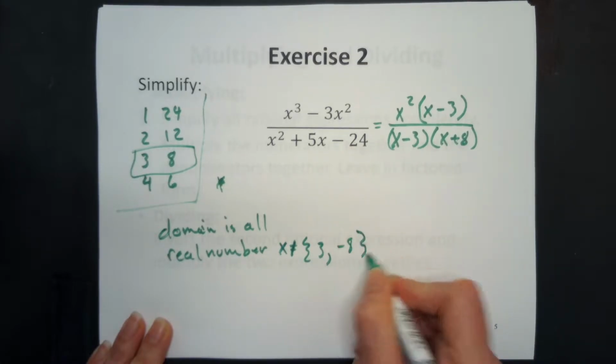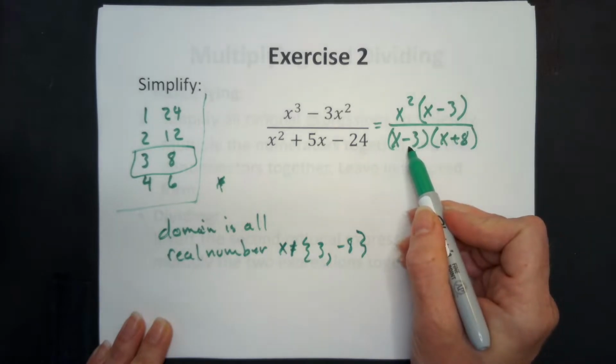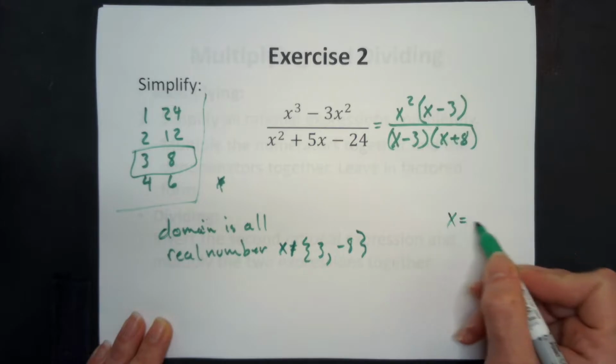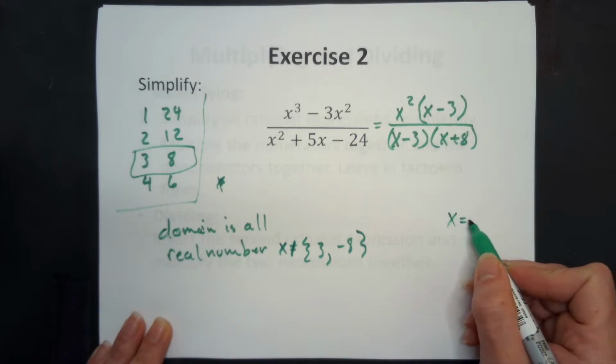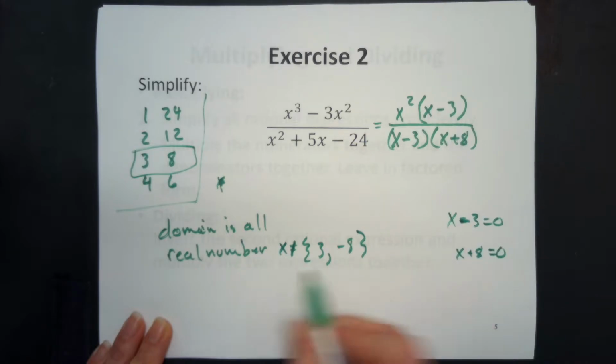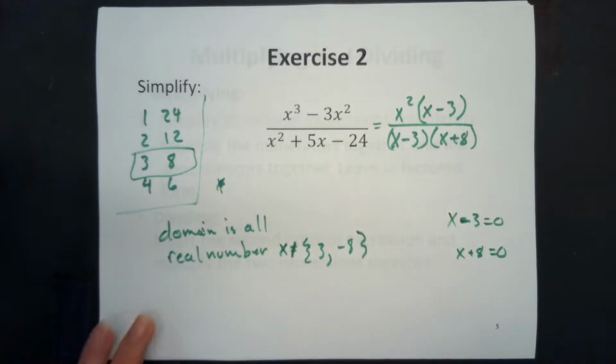And you can just look at that by examination. You can see that positive 3 here will give you 0, negative 8. If you need to, set each factor equal to 0 and solve, you can do that as well. Say x minus 3 equals 0, and x plus 8 equals 0, and you can see how you get those zeros.